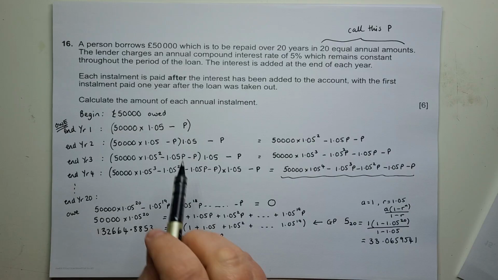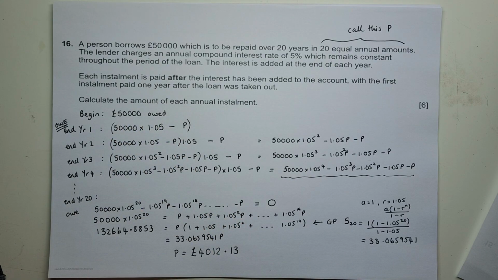That seems quite a lot, but you are borrowing £50,000 and you are having interest added on. So effectively, you're going to repay an awful lot more than the original amount you borrowed, but that's what interest does. It's not a nice question at all. They seem to be getting worse and worse with these GP questions. You have to try very hard to think about building up from, in this case, year 1 to year 2 to year 3.